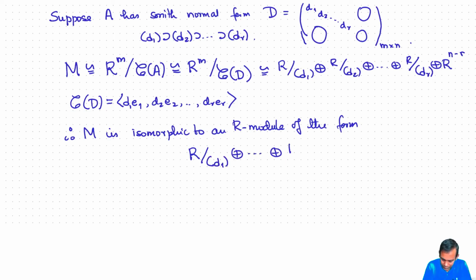But what we get is R mod d1 direct sum ... R mod dr direct sum R^f for some f. So now none of these are units.